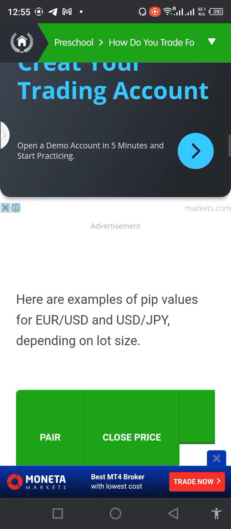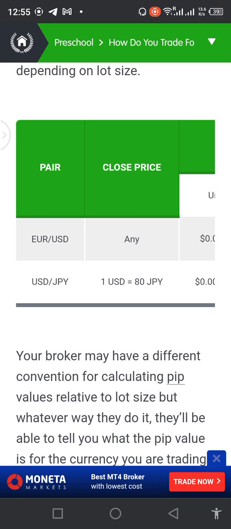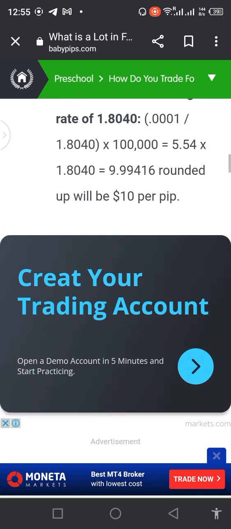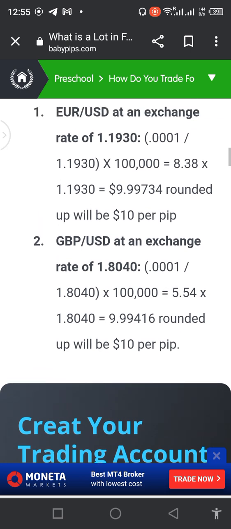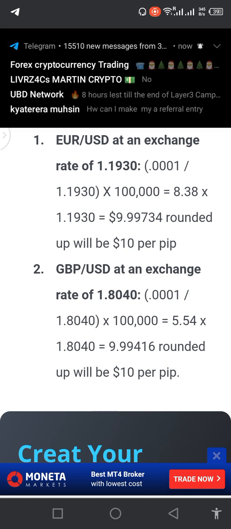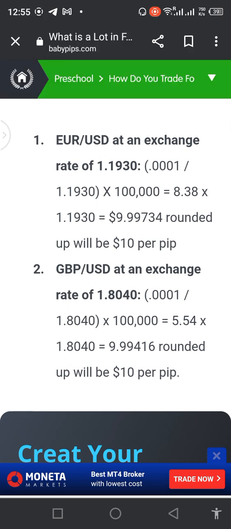So here it goes. For the euro against the USD pair, you take the rate of that particular pair times the standard lot, which equals 8.38. Then you take that answer and multiply it again by the rate, and it will give you the final answer. The final answer is that particular pip.